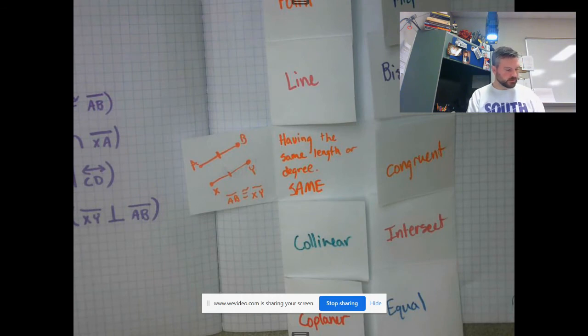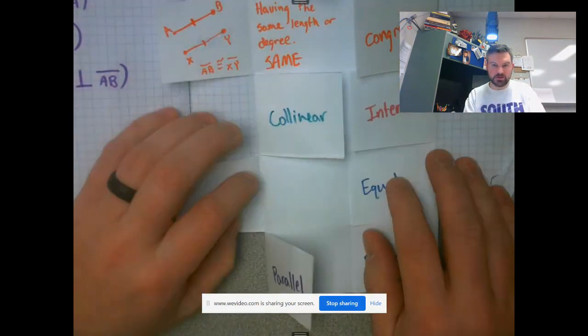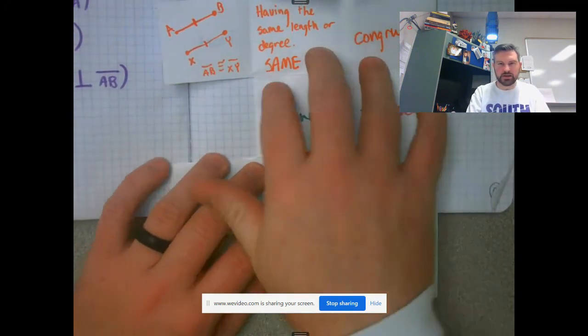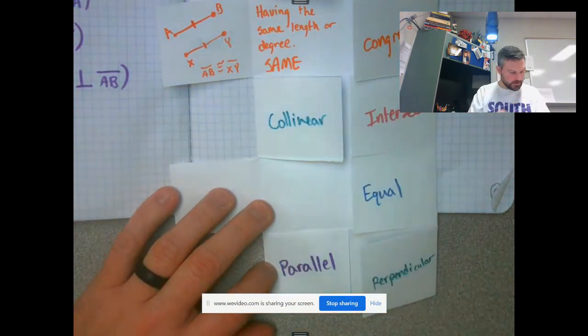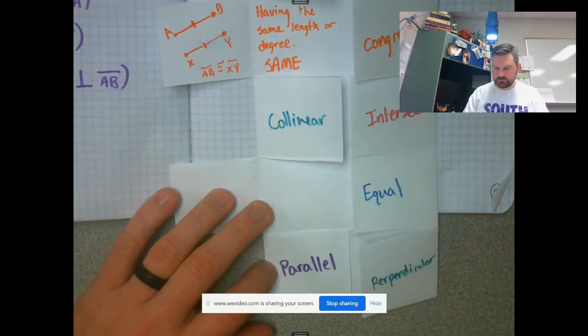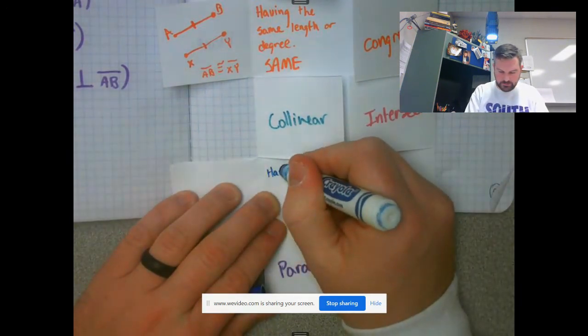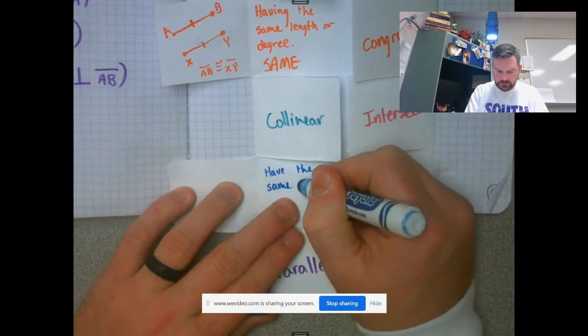The other thing I want to talk about is equal. So we'll flip this open. If things are equal, it's a little bit different than congruent. If things are equal, they have the same measure.